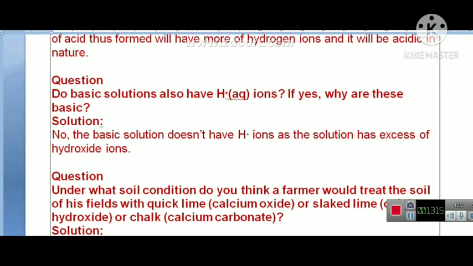Their concentration is far less, and the OH minus ion concentration is more. So, as the solution has an excess of OH minus ions, it shows basic nature.